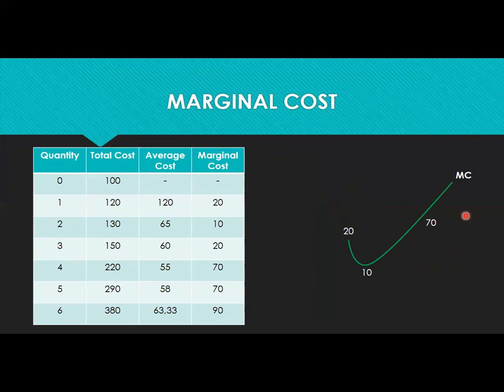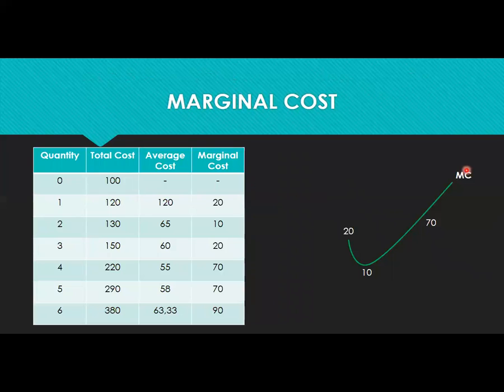Marginal cost. How much did your total cost change from producing one unit to the next? It remains exactly the same shape, your Nike shape. It starts high, it decreases to a certain point, and then starts increasing very fast.